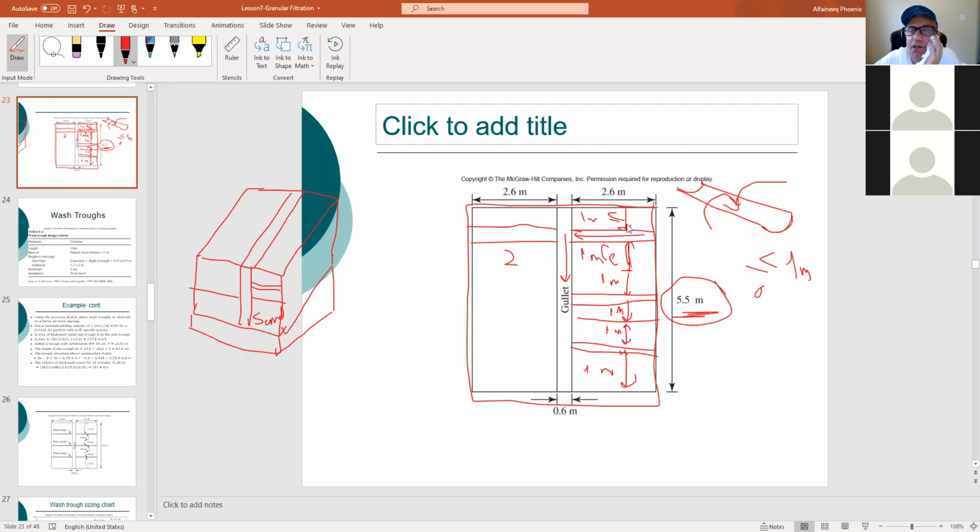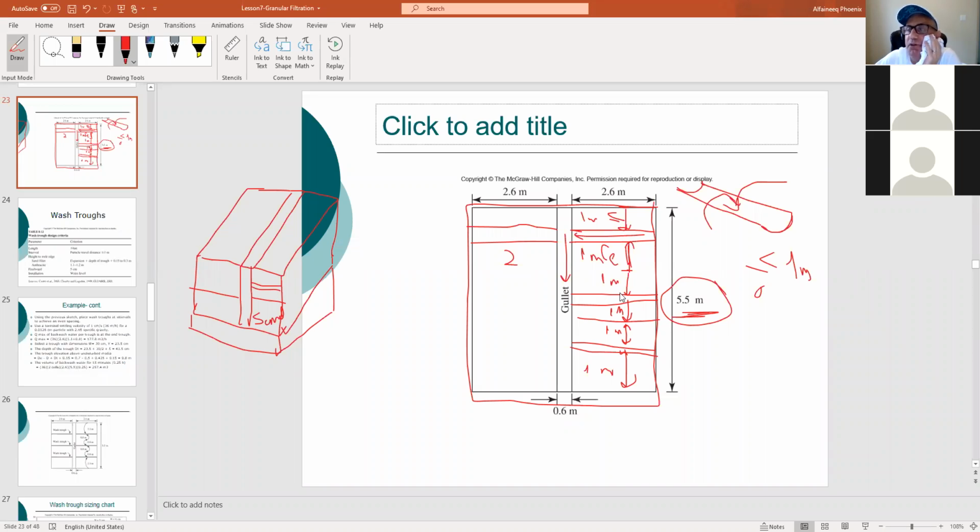If you take 1 meter from here, it's not necessarily the same from the other side, even though they prefer the same thing for each one, kind of symmetrical loading, if you want.